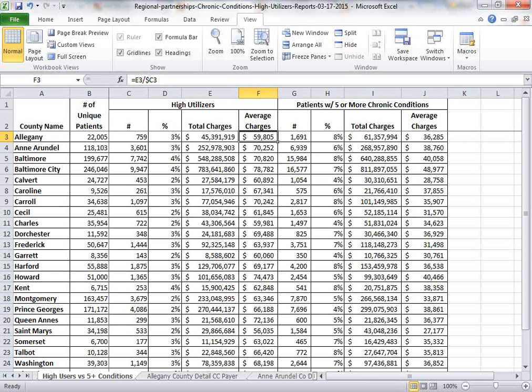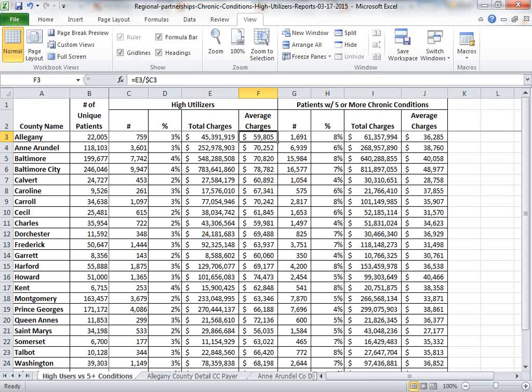I think most of the high utilizer patients will be included in the patients with 5 or more chronic conditions, because when you start looking at the high utilizers, most of them do have lots of chronic conditions. So I would say most likely the high utilizers are a subset of patients with 5 or more chronic conditions. So the high utilizers are at high risk. We would want the primary care doctors focusing on the high utilizers with us. When I say us, I mean the care management teams.